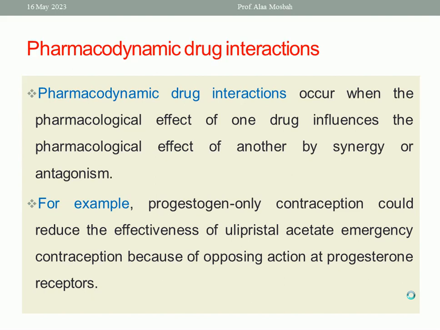Because of opposing action at the progesterone receptor. That's why when we are going to advise emergency contraception and take history and know that the patient was taking progesterone-only pills, ulipristal is not a first choice for emergency contraception in such a condition. Okay? I hope it is clear.